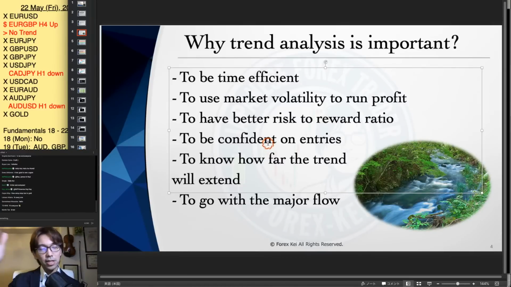But if you ride on the trend, basically the price will go towards that direction. So by taking trades when there's a trend in the market, you can run profit over time, and also build confidence in yourself. Even if you lose over time with small pips of losses, one big profit can cover up all these losses without trying to win back.